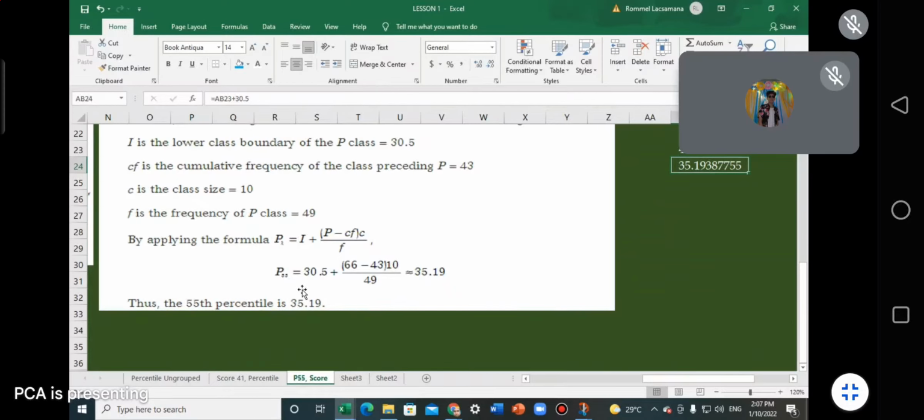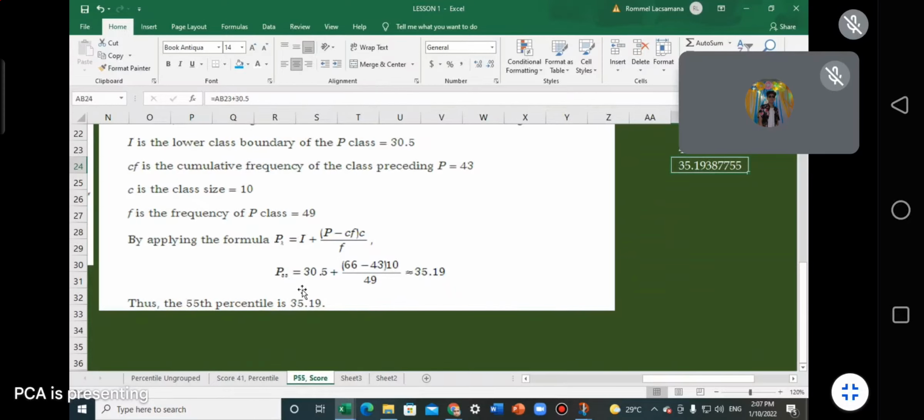This is why, if you're not using this one as your percentile class, the result will be wrong and it will give you a different score. But for this one, it's 35.19.